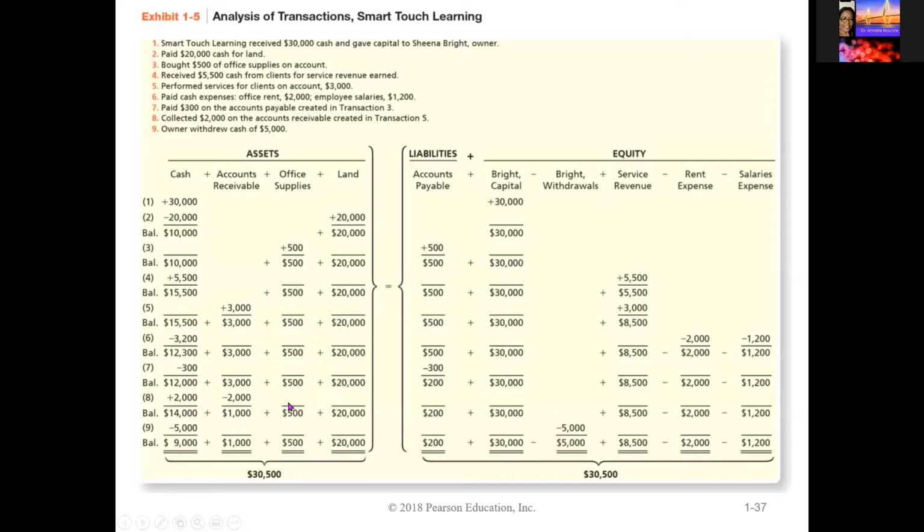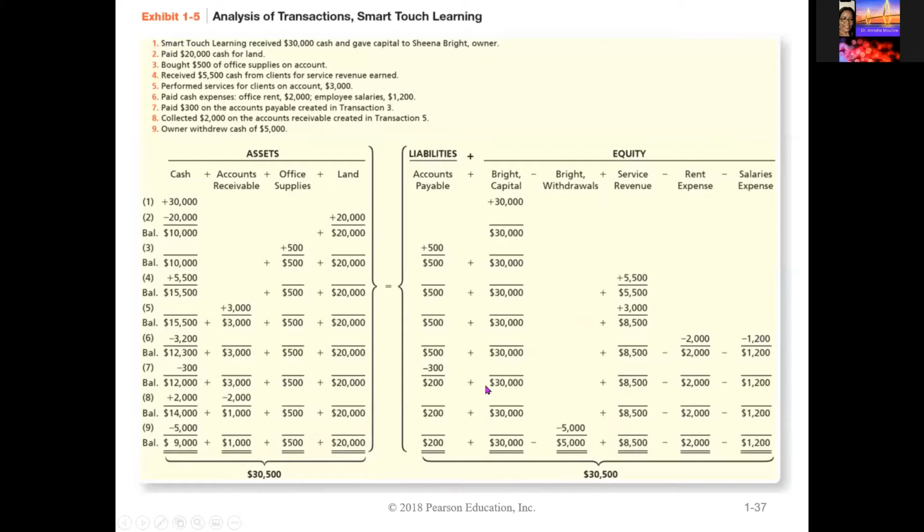Office supplies $500. Land $20,000. And 9 is owner withdrew $5,000. So now your cash is decreased. So the balance in cash is $9,000. Balance in accounts receivable is $1,000. Balance in office supplies is $500. The balance in land is $20,000. That will give you your $30,500.